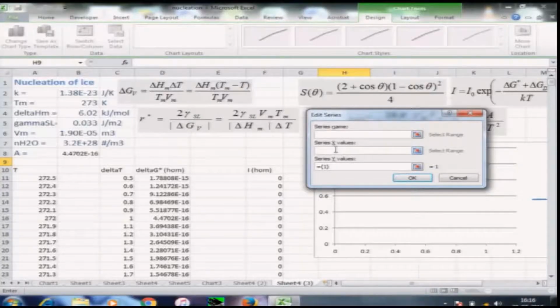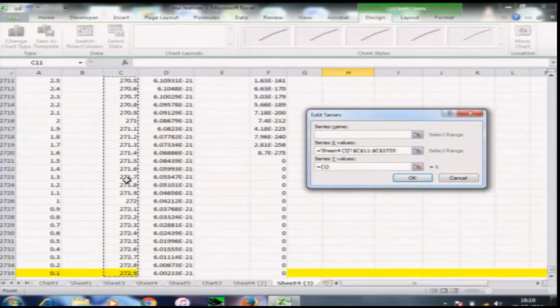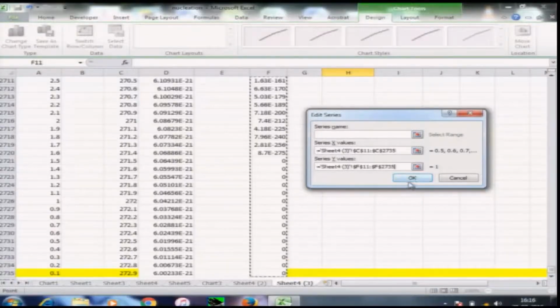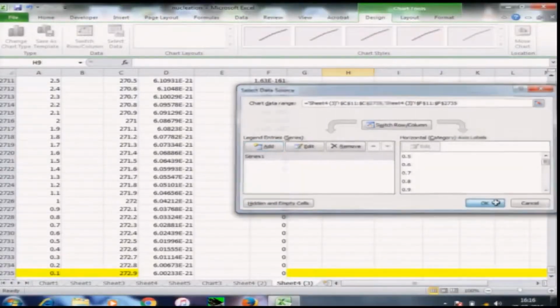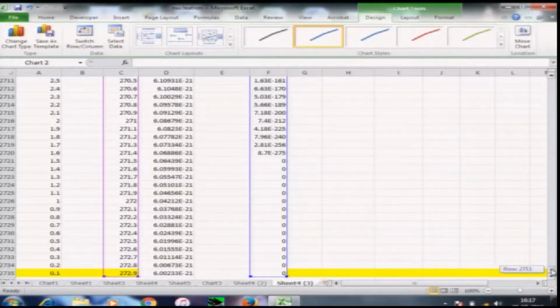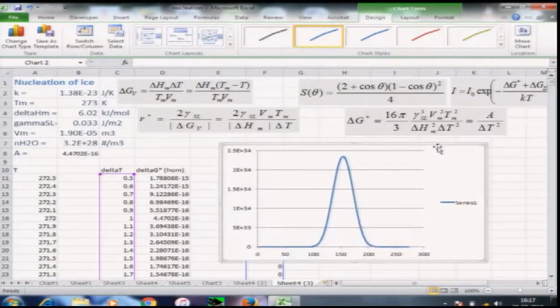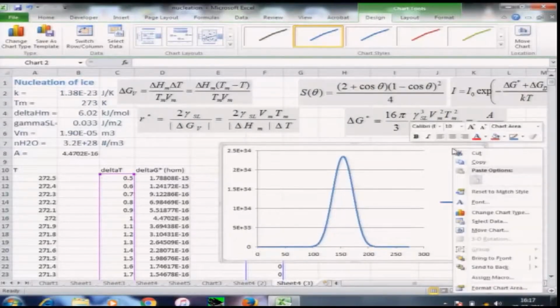The x values are my delta T, so I press shift and down arrow key to select the entire column. Similarly, I select the y data, which is the nucleation rate. I click OK, again OK, and I should have the plot for the nucleation rate.